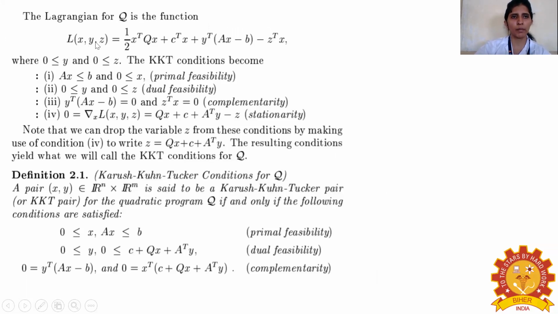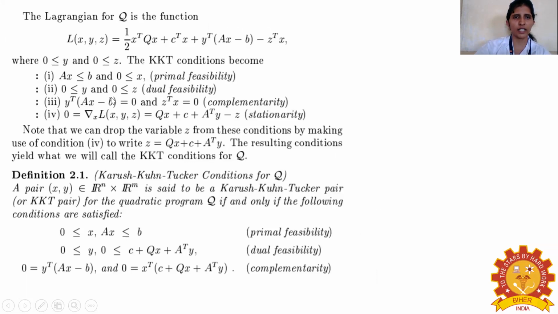So L of x, y, z must be equal to half into x power t Qx plus c power t x plus y power t (Ax minus b), this is one constraint, and minus z power t x, where 0 less than or equal to y and 0 less than or equal to z. We can also mention it as y greater than or equal to 0 and z greater than or equal to 0. So the Karush-Kuhn-Tucker conditions become, so we are checking for optimality.